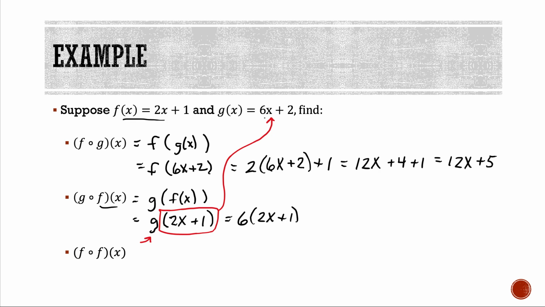And then I have a plus 2 on the end. Again, we'll distribute the 6. So that's going to give me 12x plus 6. And then we have a 2 on the end. So our final answer will look like 12x plus 8.